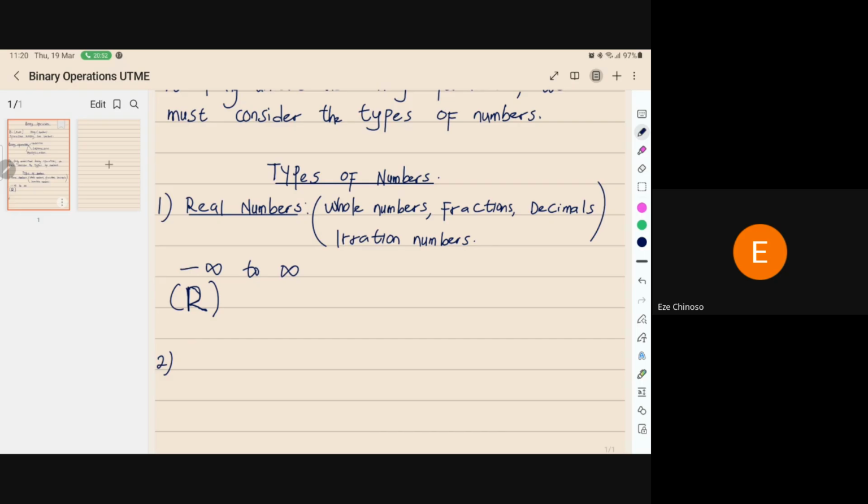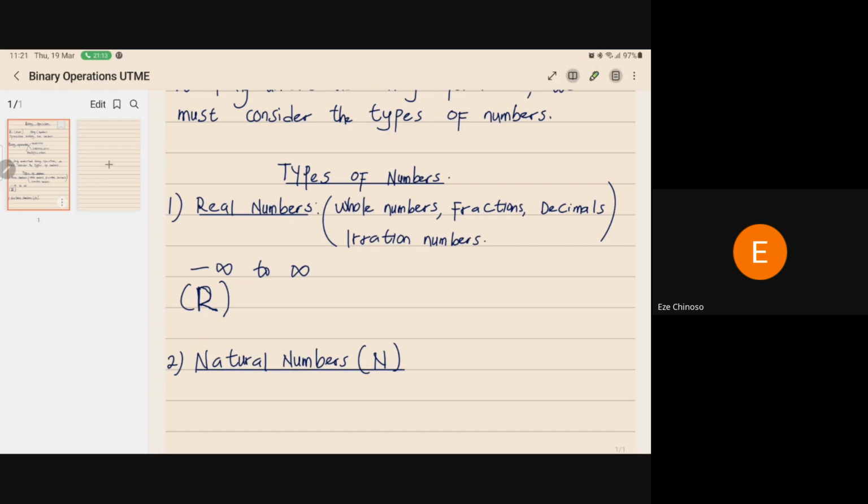So the next one, the second one, is your natural numbers. So for natural numbers, we use the symbol capital N for it. So when you are solving a particular question and you see that a particular number is an element of N, right? It means they are talking about what? Natural numbers.